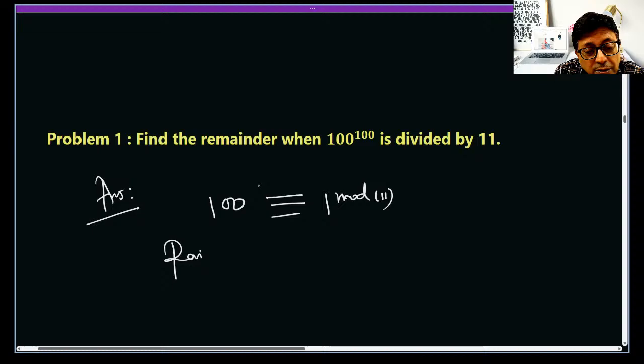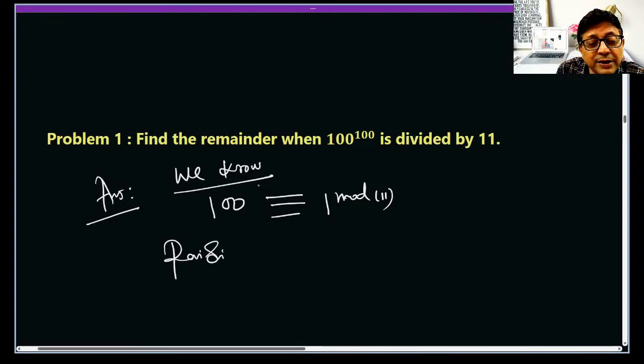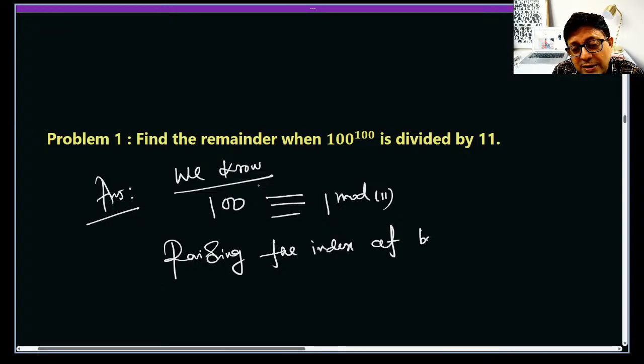Now we know this. Start this way. Now raising the index of both sides to 100. You can do it.